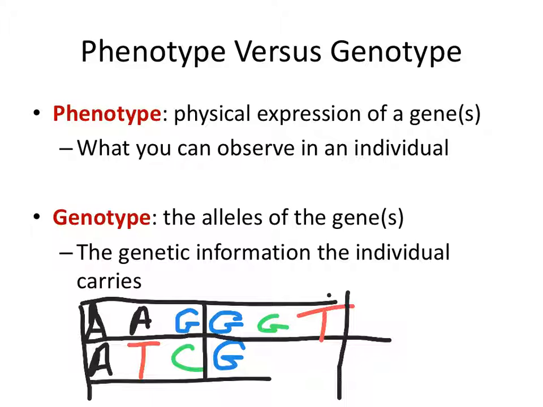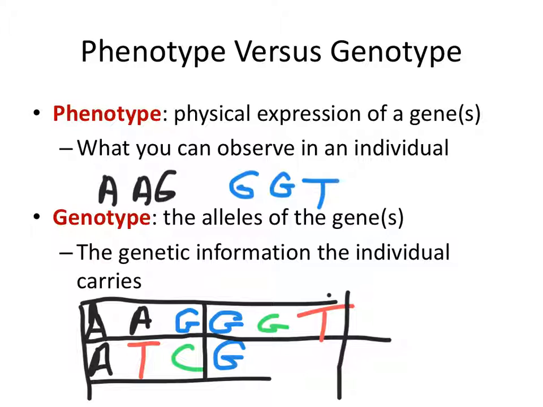AAG codes for an amino acid, and then T codes for another amino acid, right? And then if you string these amino acids together, you end up with a protein. The protein gives rise to the traits, the physical expression of a gene.